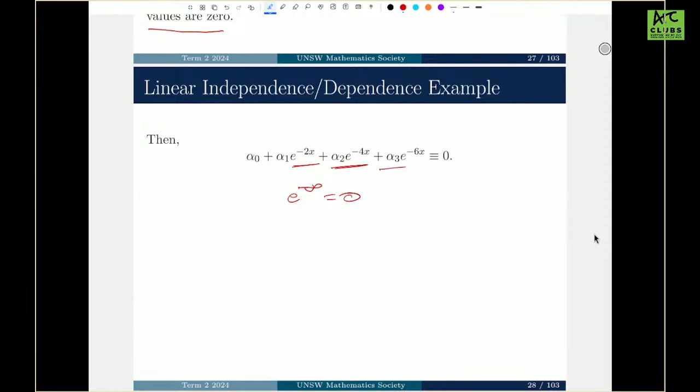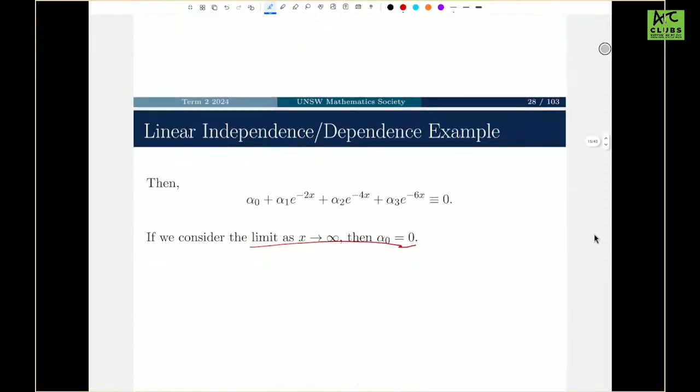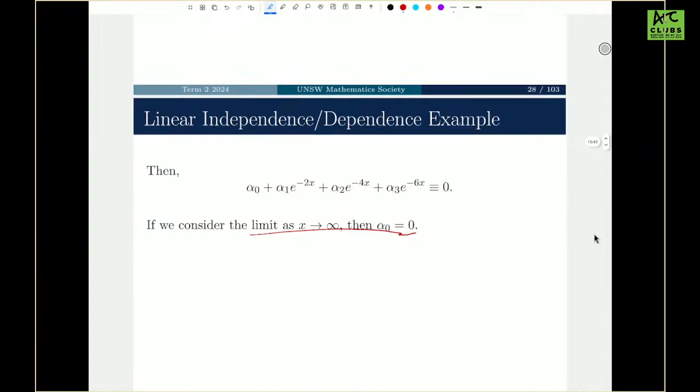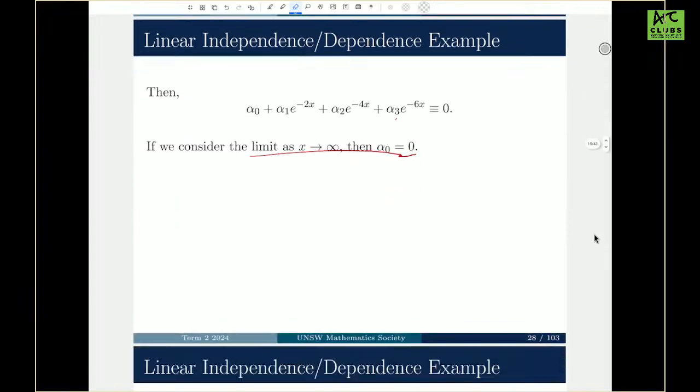Same with this and same with this. So basically everything else just vanishes, because we can put the limit inside of here because exponentials are continuous. Okay, so we get that alpha 0 must be equal to 0 for this to hold.